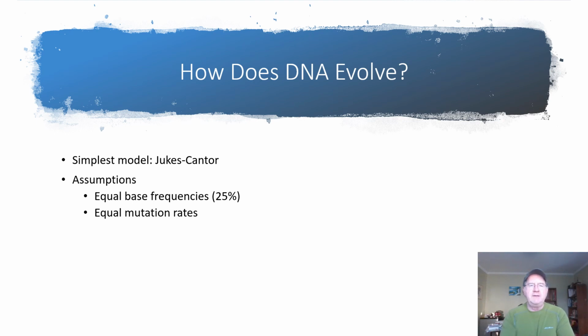It's making an assumption that all 4 bases of a nucleotide, A, T, C, and G, occur at equal frequencies in the sequence that you're studying, and that they have equal mutation rates. That is, the probability of going from an A to a T is equal to the probability of going from an A to a G or from A to C. Do all 12 possible combinations. The probability of any change to any other change is equal.